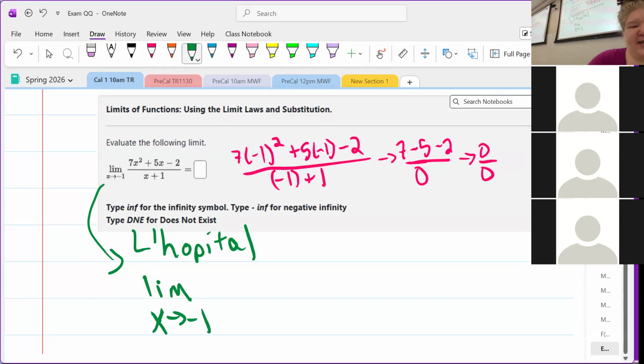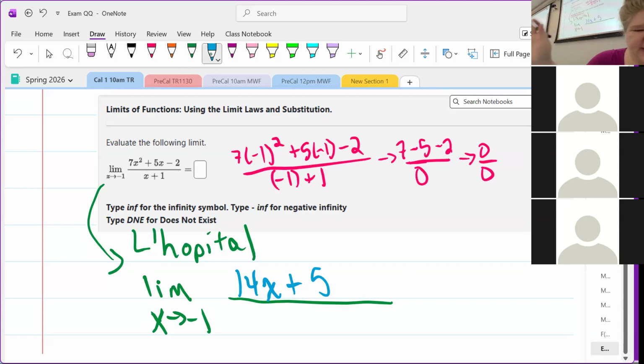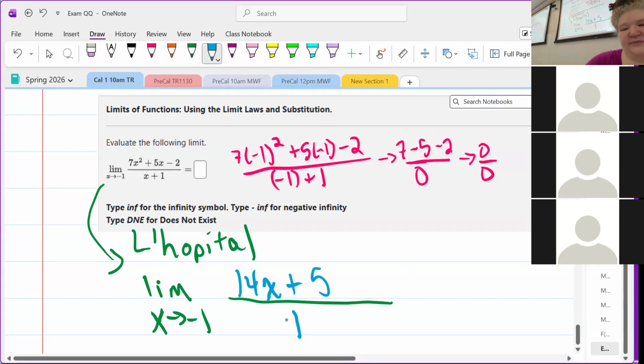Because this is just a polynomial over a polynomial. So what's our derivative of 7x squared? Yep, 14x plus 5. And then the 2 becomes a 0, so we don't have to write it. And on the bottom, the derivative of x is 1. Cool.